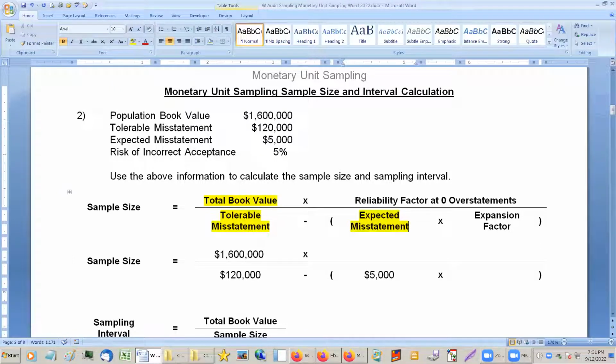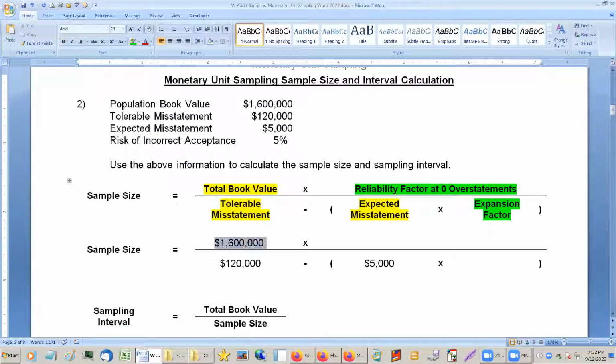And now we got to find 2 other things. We got to find the reliability factor at 0 misstatements and the expansion factor. So we need to find these 2 things. So we got the first.